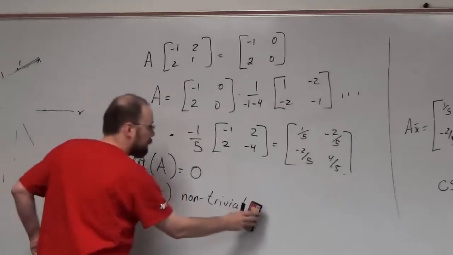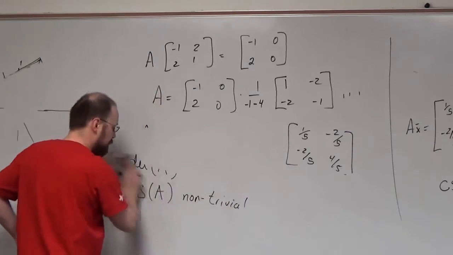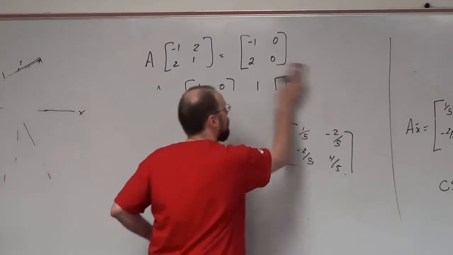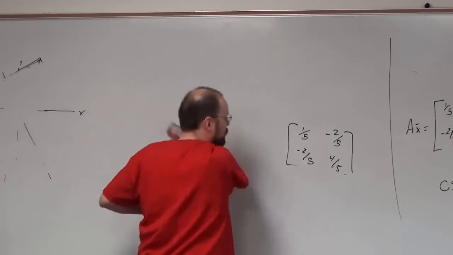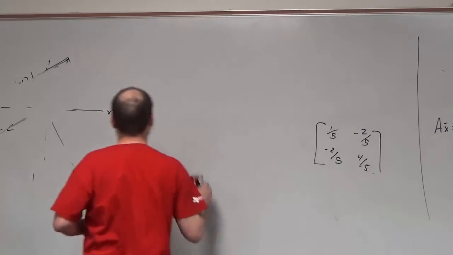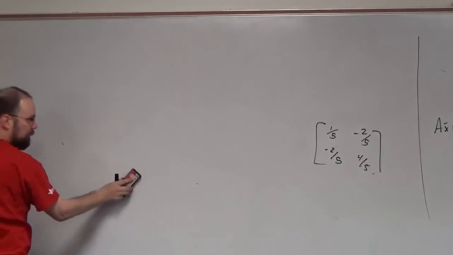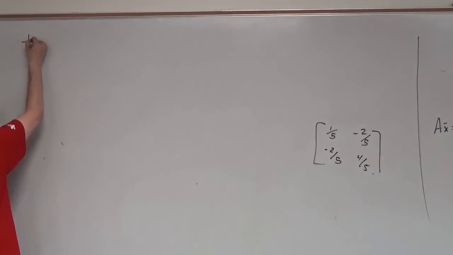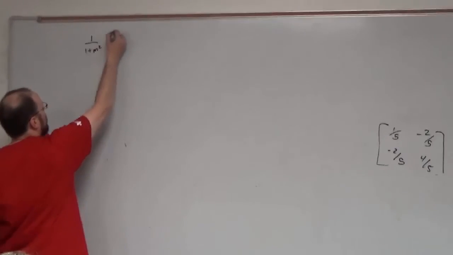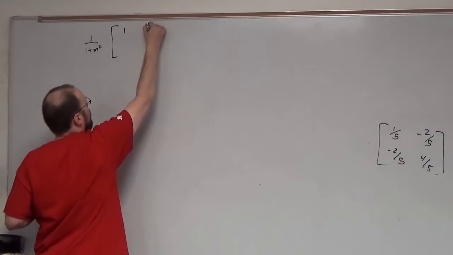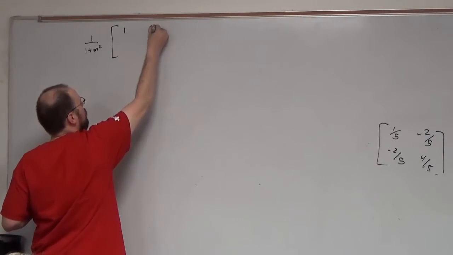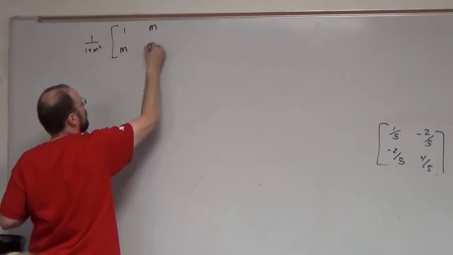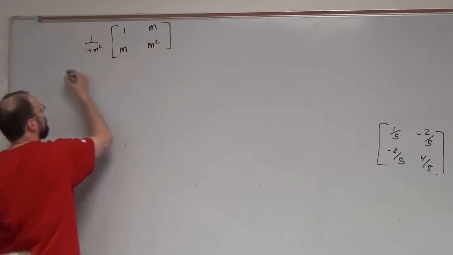Now, if we look at this particular projection matrix here, an orthogonal projection matrix, what can we say about it? What are some properties? Let's also write out the general form. Was this n or n squared? Was this the projection matrix?